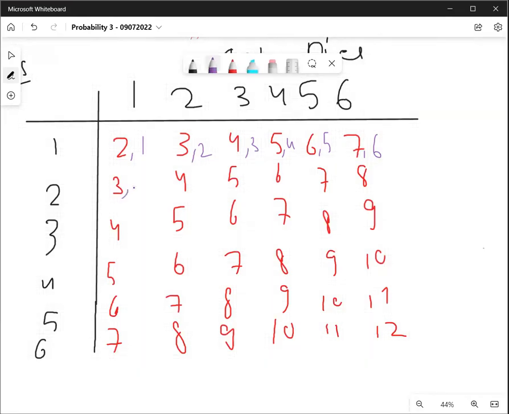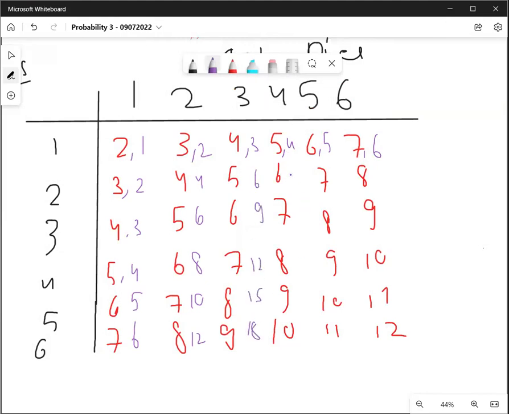This is what your table will look like. 2, 3, 4, 5, 6. That's what you have. Put the commas in there.